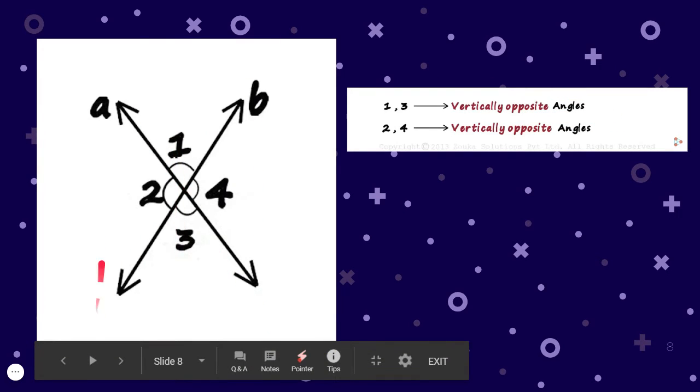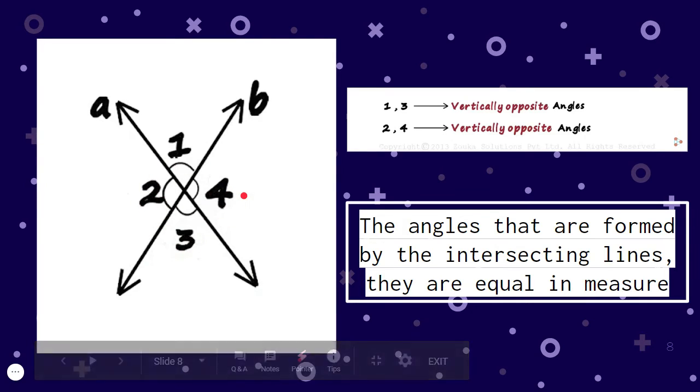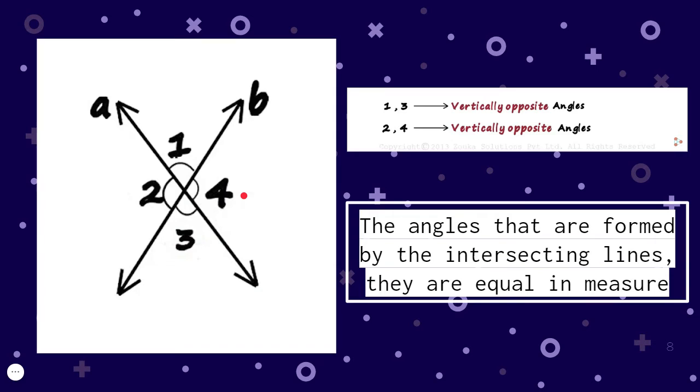They are formed by intersecting lines and they are going to be equal in measure. The angles that are formed by the intersecting lines are equal in measure. Now this means that 1 is going to be equal to 3, 2 is going to be equal to 4. You can pause this video now to try to understand this much better.